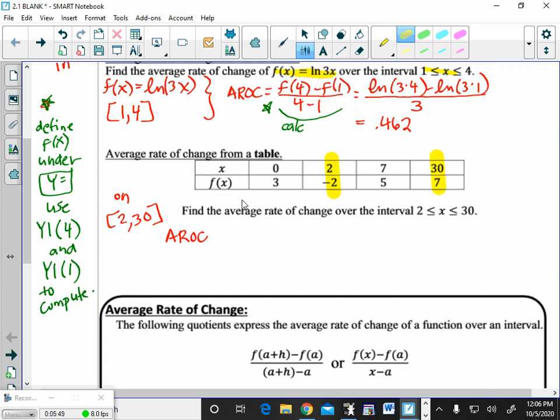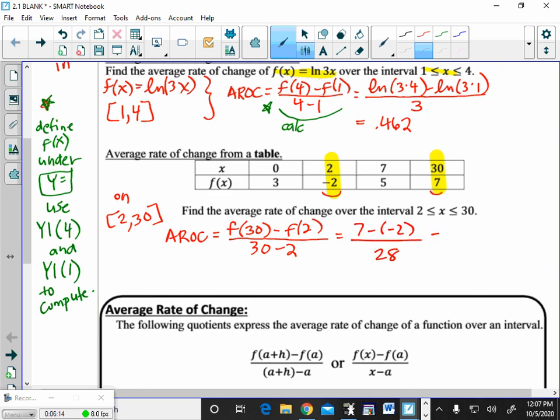So highlight those somehow so that you remember that we're just using those. So that's f of 30 minus f of 2 over 30 minus 2. Now f of 30 is this y value associated with 30, which is 7, minus f of 2, which is a negative 2, all over 28. And we have 9 over 28.